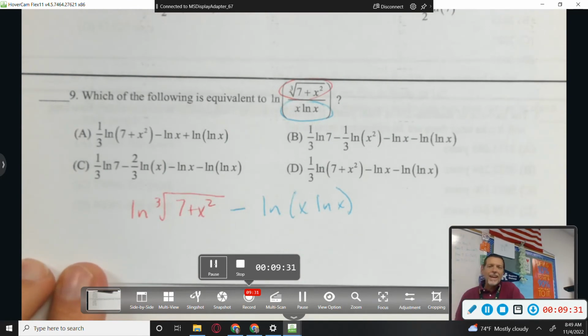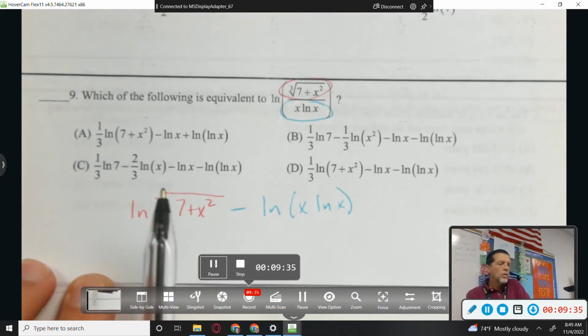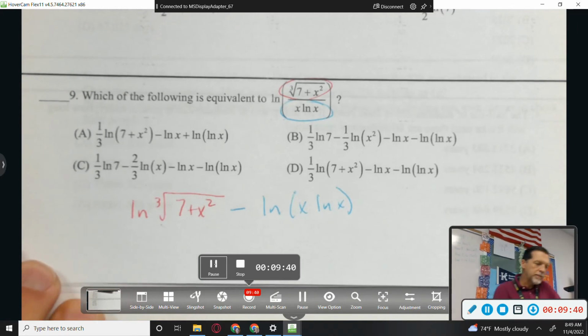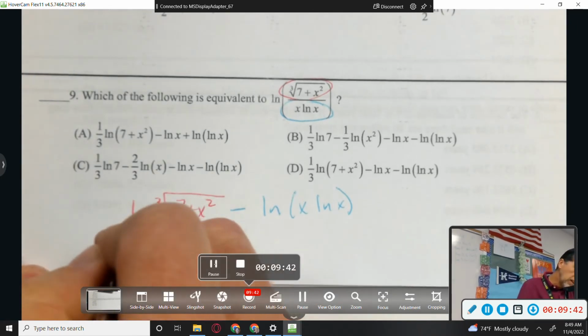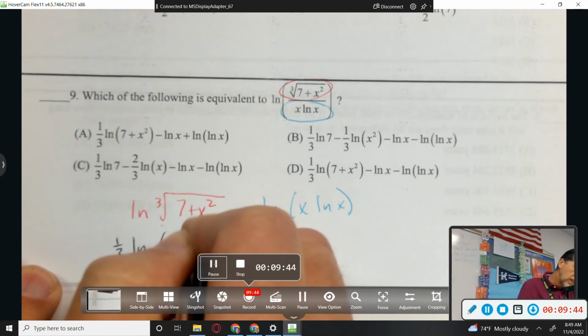It's not the answer, but it's a step in the right direction. We have to get rid of this cube root. What is that cube root as a power? 1/3. So 1/3 natural log 7 plus x squared.